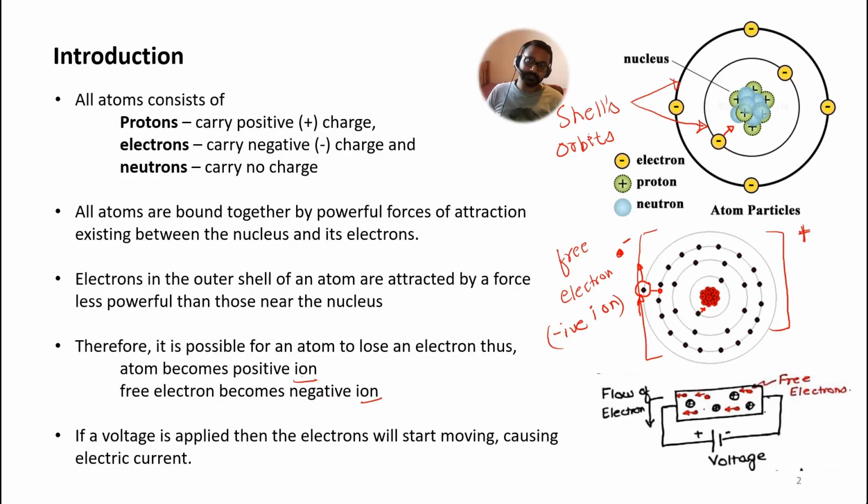So as a result, it will develop a positive charge, right? The leftover atom is also free, so the remaining atom is called a positive ion.